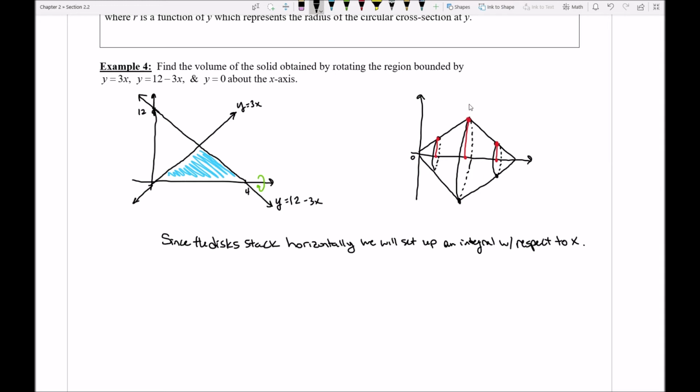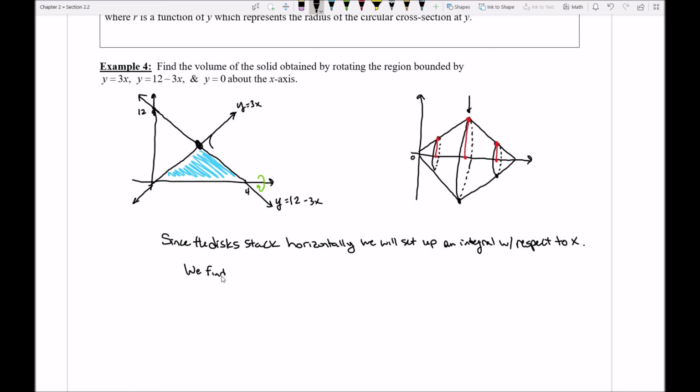In fact, it almost seems like at exactly this point right here, which would be this point over in the region on the left side, there seems to be a split between the radii for these circles. Now, finding this intersection point is going to be really important for us. I might actually need to know when it is that I switch from having my 3x function on top to my 12 minus 3x function on top.